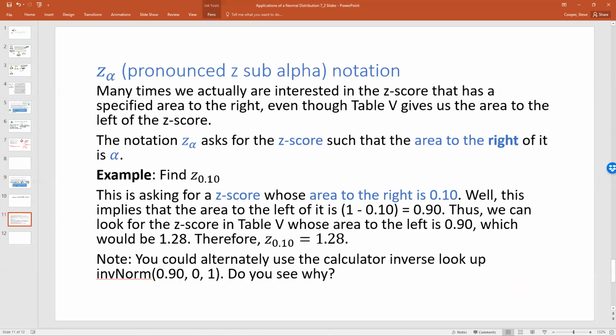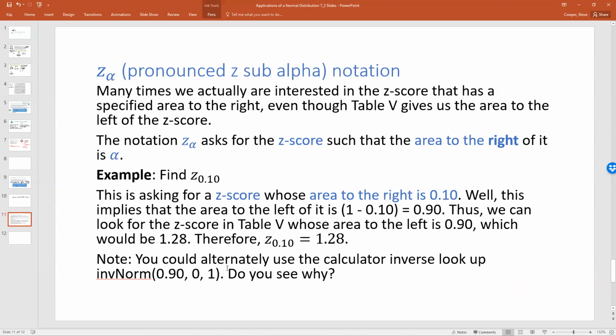So if I wanted Z of 0.1, the table itself gives us areas to the left. So we'll just take that subscript and complement it real quick, and then I can go get the Z-score of its complement and verify why Z sub 0.10 equals 1.28.